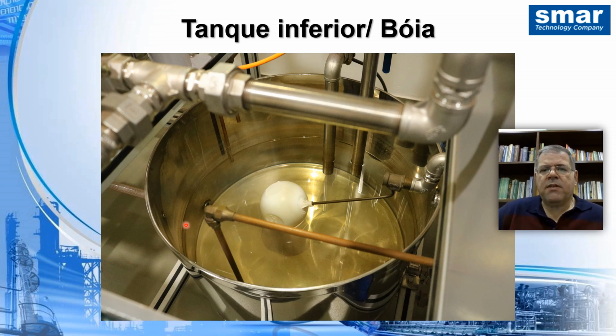This main reservoir is fed through an external water source, and we have a float inserted in the main tank. This float will mechanically control the level to avoid overflow, and thus we can fill the bottom tank automatically.